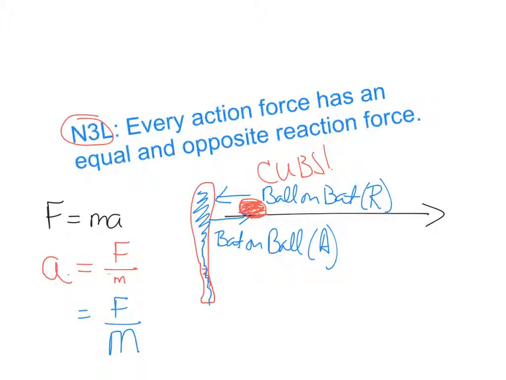Our bat, since it has a large mass, and again it's an inverse relationship with acceleration, that would have a tiny acceleration. Also, if we say the bat is going forward, then the ball is going backward, or vice versa.